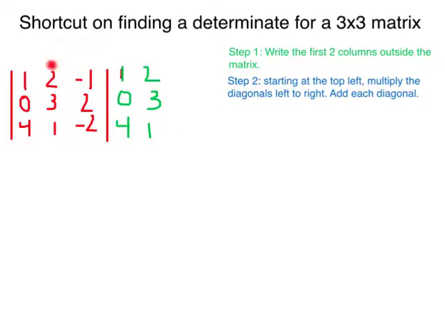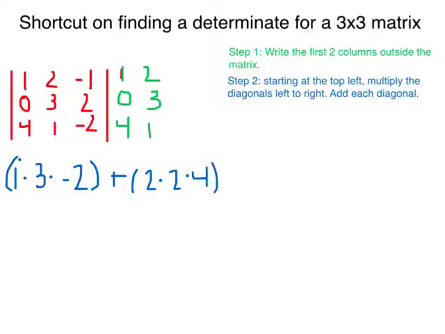Each time you multiply a diagonal, you add it to the next one. So what we have here would be 1 times 3 times negative 2, plus 2 times 2 times 4, plus negative 1 times 0 times 1.